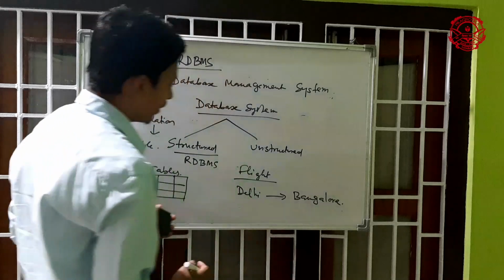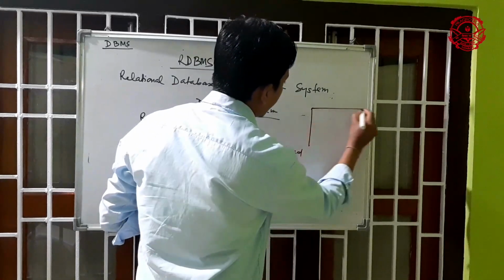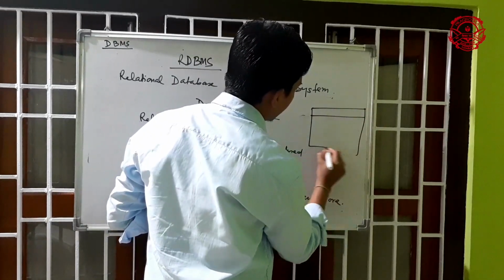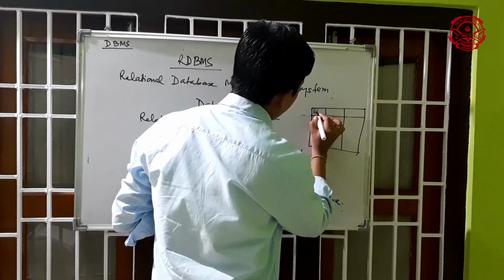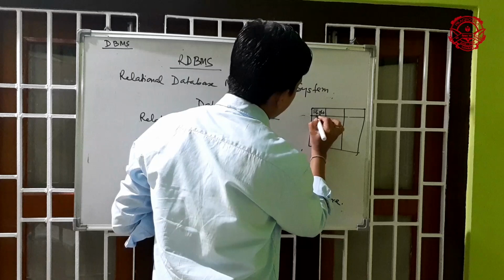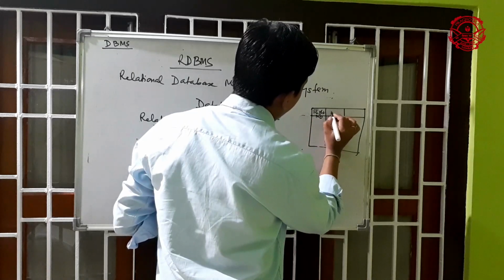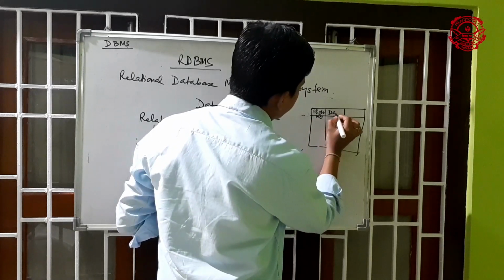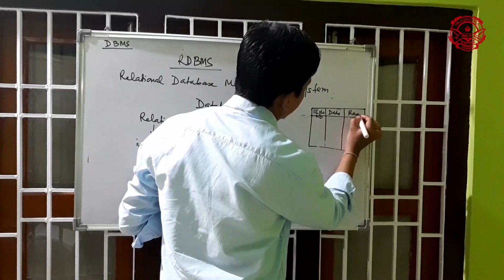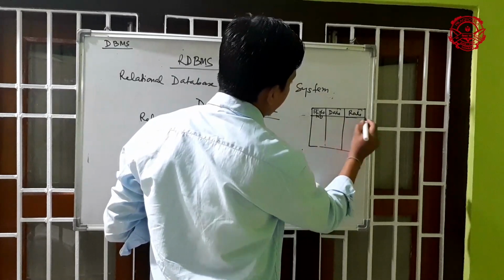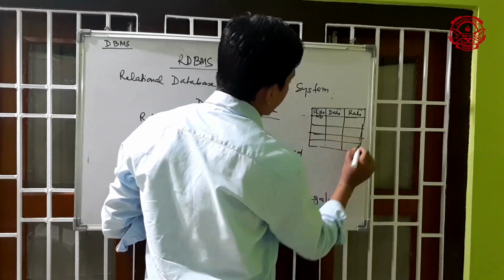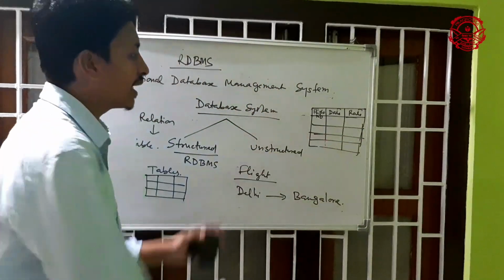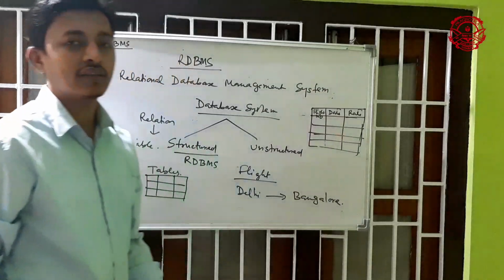When I search in this way, the results come with the flight number, date, and its rate. Now see, in this way the result will be coming, which means there is a structured way.